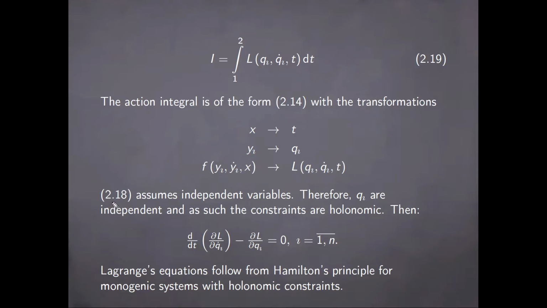Now, because the result 218 assumed independent variables, it means that the generalized coordinates are independent, and as such the constraints are holonomic. In that case, the Euler-Lagrange equations become the proper Lagrange equations, and this concludes our proof of them following from Hamilton's principle for monogenic systems with holonomic constraints.